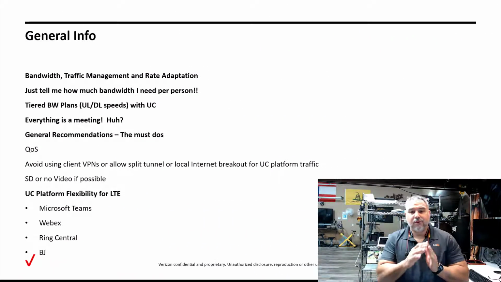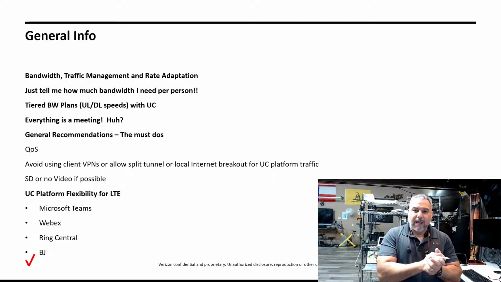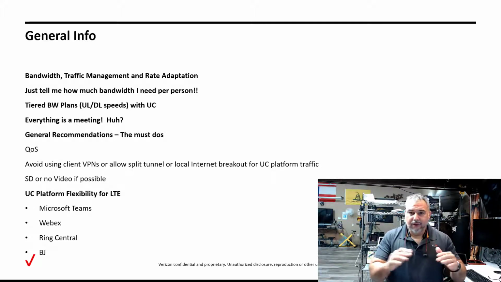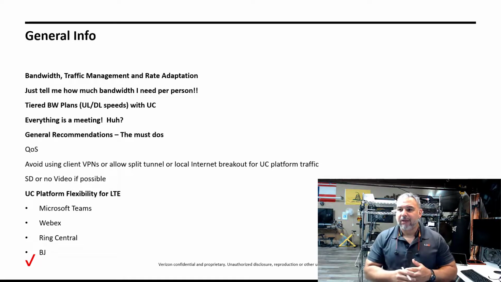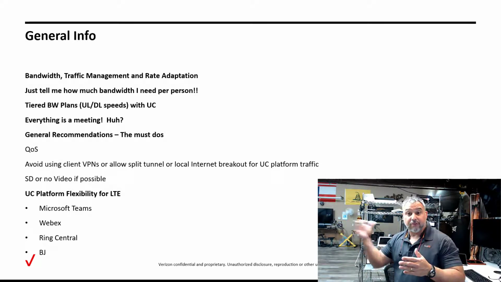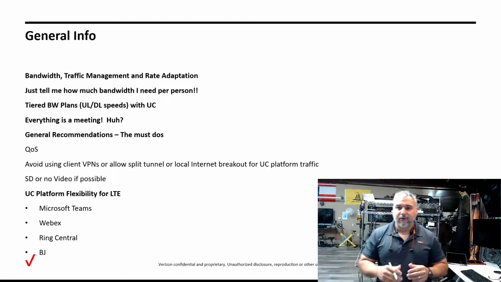Okay, let me get some general info out to you first. Let's talk about bandwidth and rate adaptation. All these UC platforms have traffic management and rate adaptation features where, based on delay, loss, and jitter, when there's congestion on the transport, they're going to downgrade their video resolution, frame rate, and things like that.